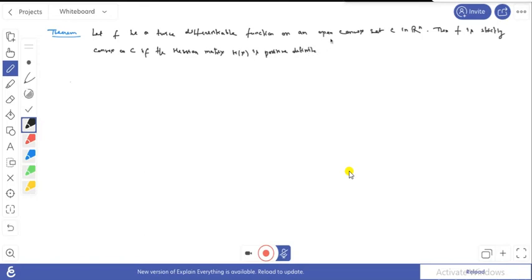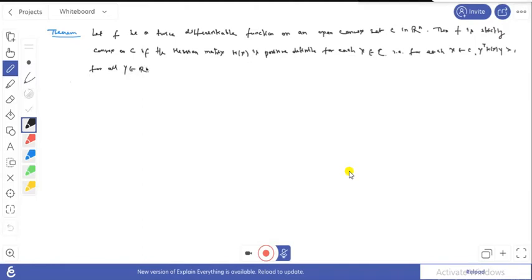Okay, for each x belonging to convex set C, you say mathematically that y transpose H(x) y is strictly greater than 0 for all y that belongs to Rn.